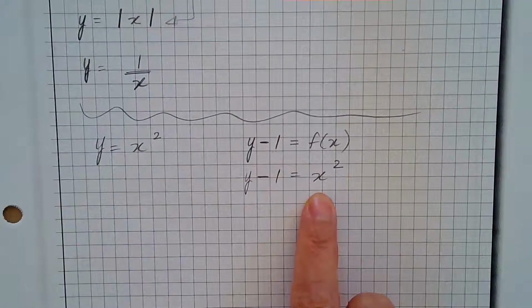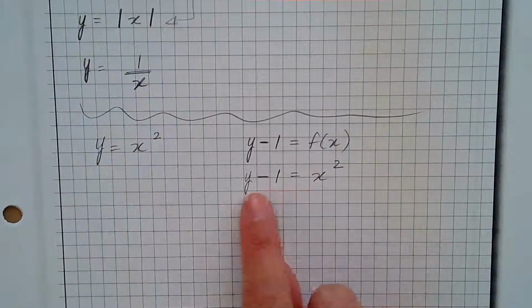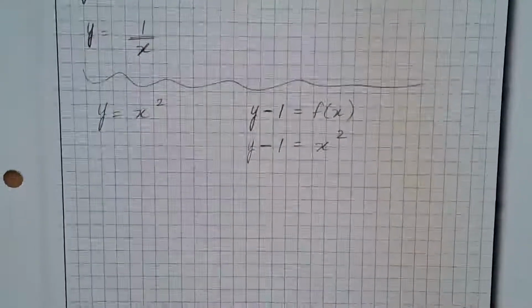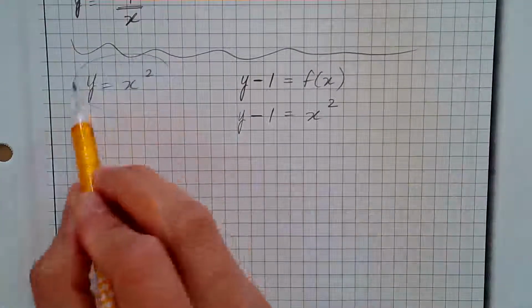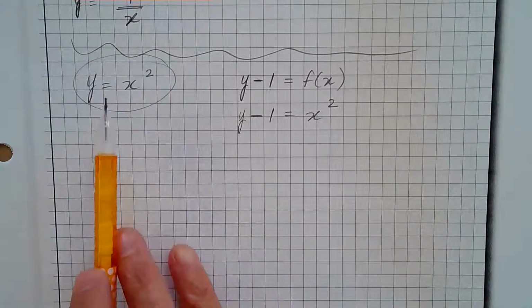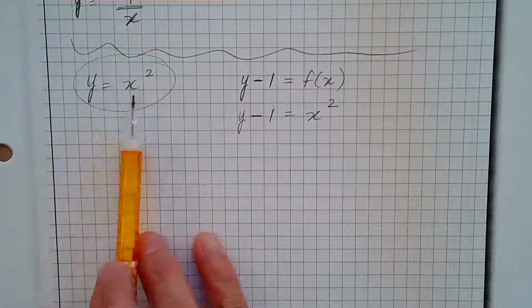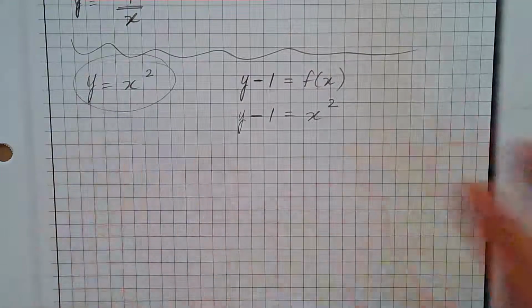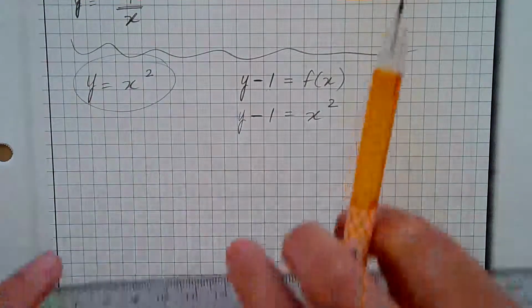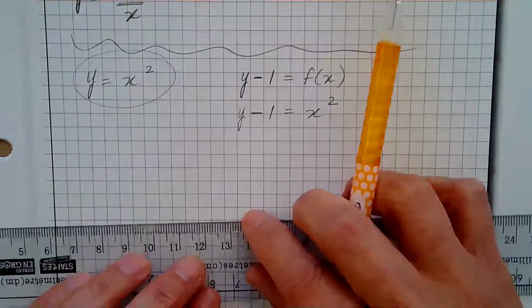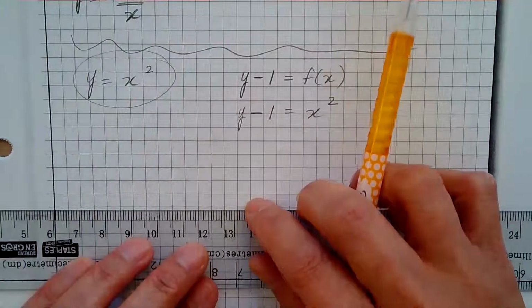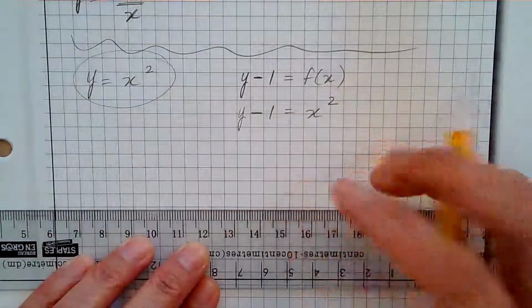What does that look like? Can we graph this one right now? What kind of graph are we going to get? Parabola, right? Okay, so let's graph that.